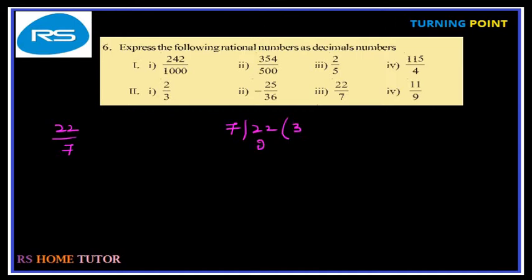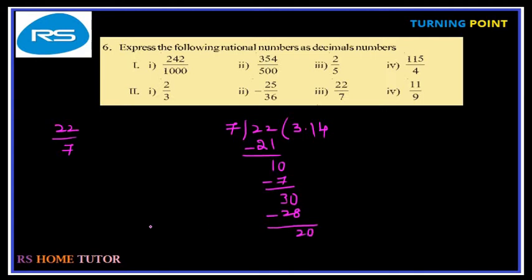3 sevens are 21. So the difference is 1. Now 7 with 1. Anyhow, we have to take the decimal point, then we can take a 0. 7 ones are 7. So the difference is how much? 3. I can take the 0. 7 fours are 28. The difference is how much? 2.